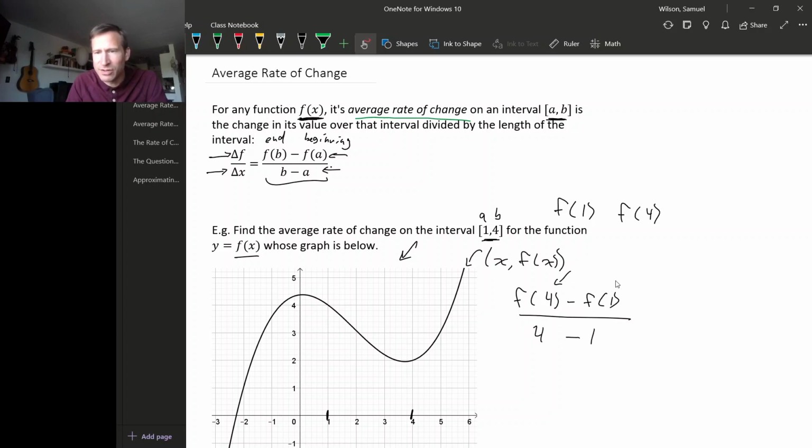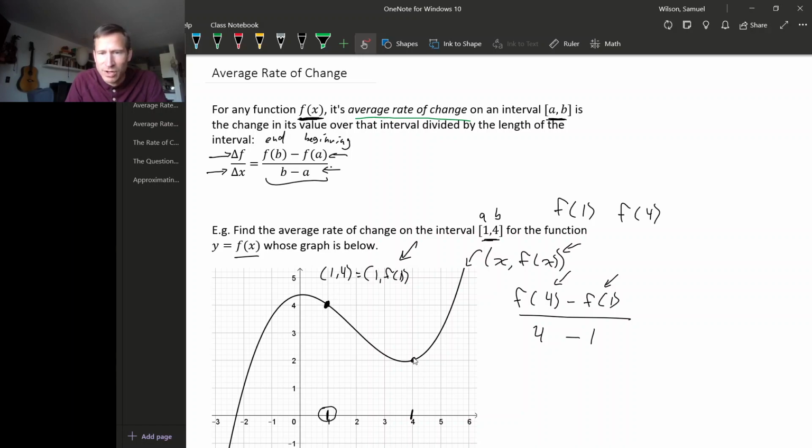To get these values, well, these values are going to show up as y values of certain points on this graph. For the x value 1, f of 1 is going to show up as the y value of the point on the graph corresponding to the x value 1, and that point is right here. So this point is 1 comma 4, so this is 1 comma f of 1. So f of 1 is actually 4.